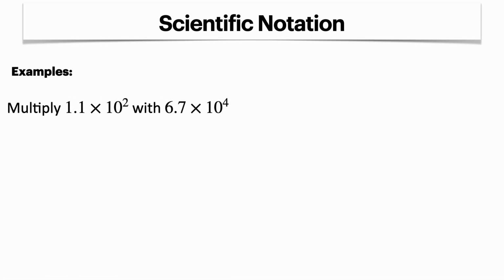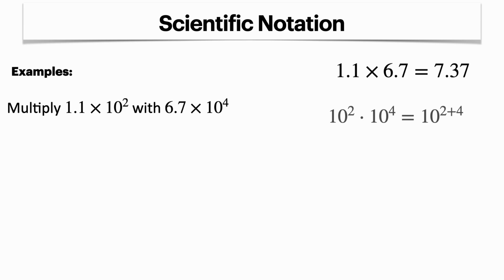Multiply 1.1 times 10 to the second with 6.7 times 10 to the 4th. The first thing is to multiply those numbers. 1.1 times 6.7 is 7.37. We just multiply them normally. We're multiplying these, so we add the exponents. 2 plus 4 is 6. So if we round, this would be 7.4 times 10 to the 6th.